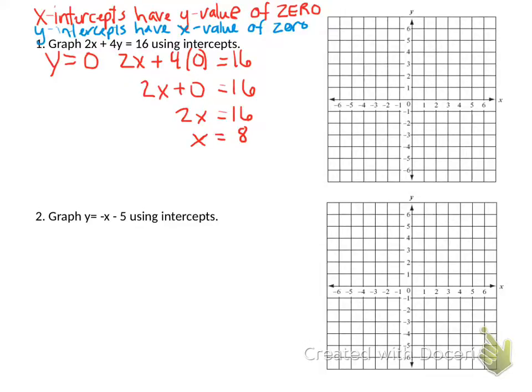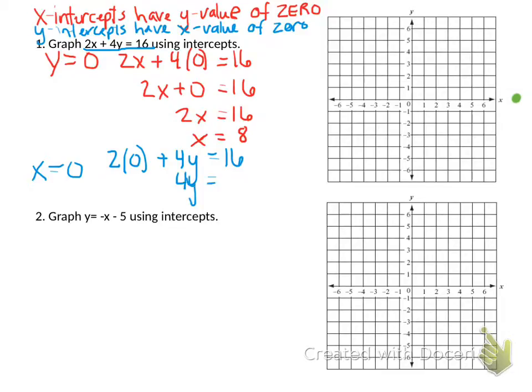This is going to go a little bit off my graph here, but you get the idea. Now to find the y-intercept, I'm going to use the idea that x equals 0. So in my same equation, instead of x, I'm going to plug in a 0. And now I solve for y to find the y-intercept.